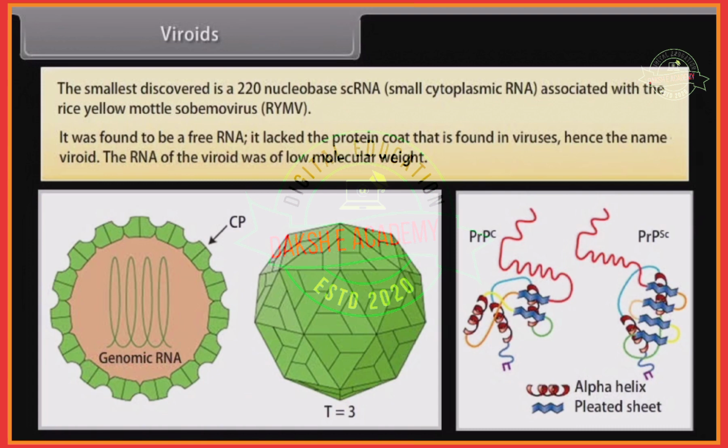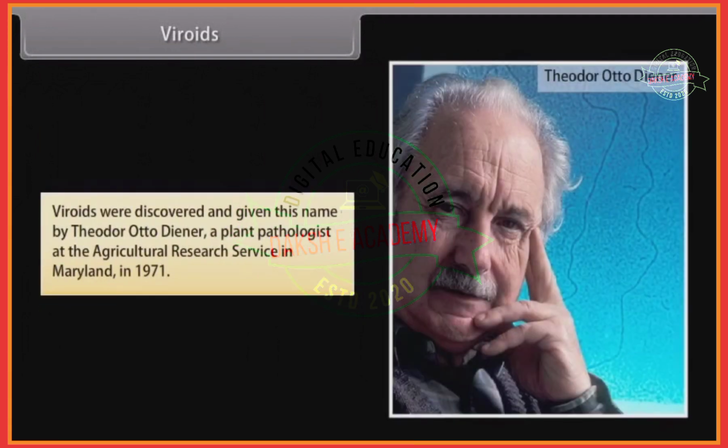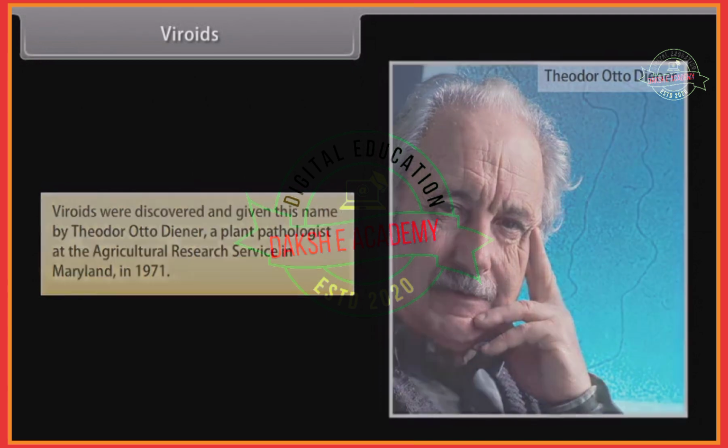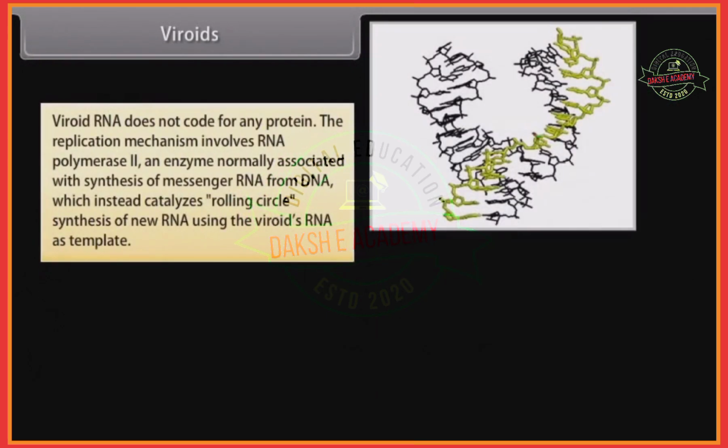The RNA of the viroid was of low molecular weight. Viroids were discovered and given this name by Theodor Otto Diener, a plant pathologist at the Agricultural Research Service in Maryland in 1971. Viroid RNA does not code for any protein.